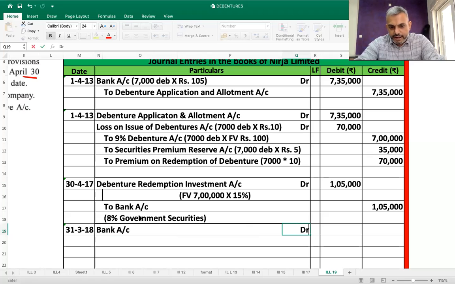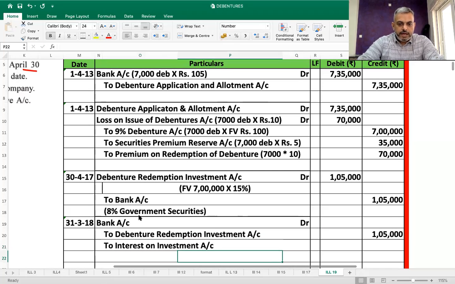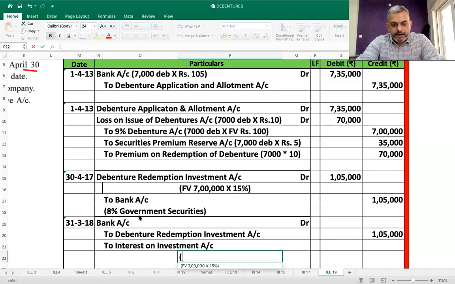So bank account debit, I keep it blank. To debenture redemption investment account, 1 lakh 5,000 of investment goes out, and to interest on investment account. Now we will calculate how much. In the bracket, 1 lakh 5,000 was the investment, into rate of interest 8%, for how many months? Into 11 months divided by 12 months.